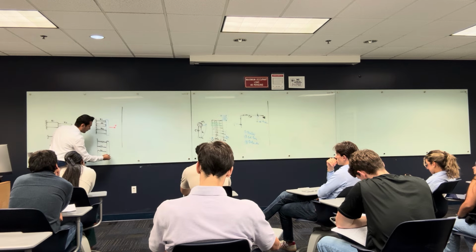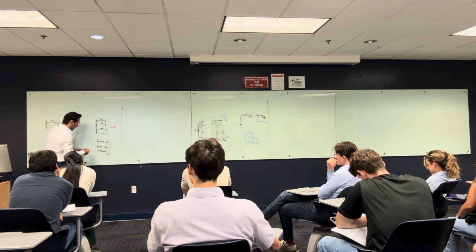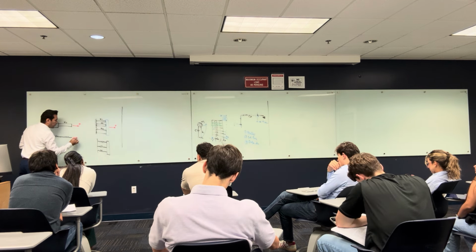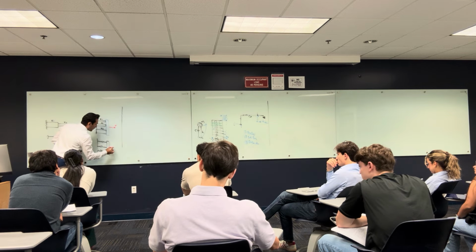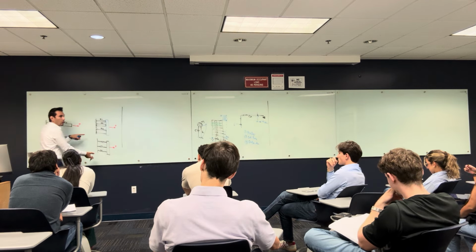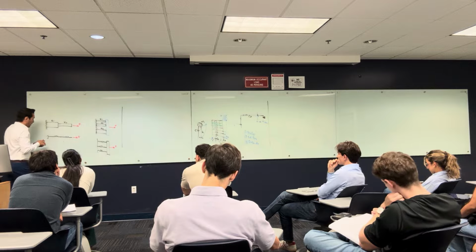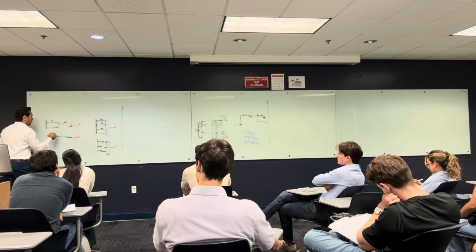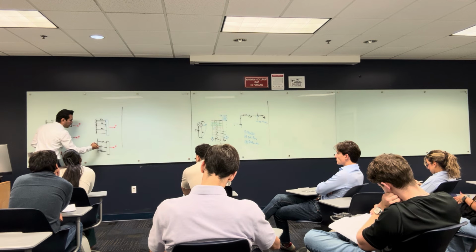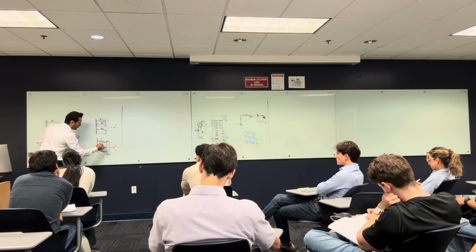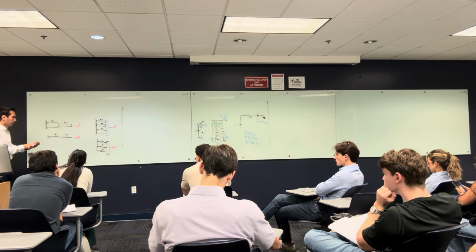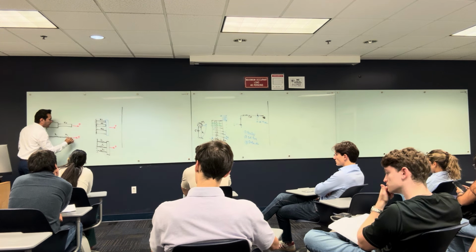And let me draw. B. And this is B. This is called stiffness in parallel, and this is called stiffness in series. K1, K2, K3.